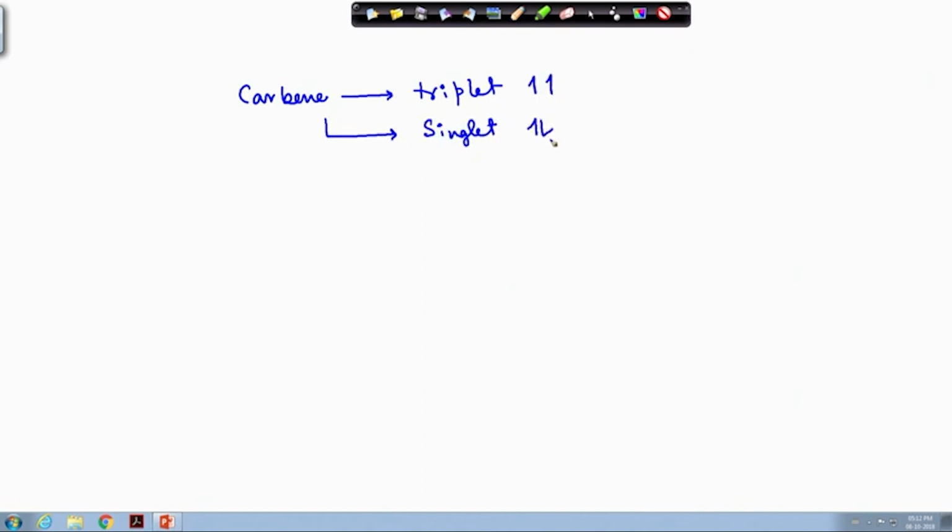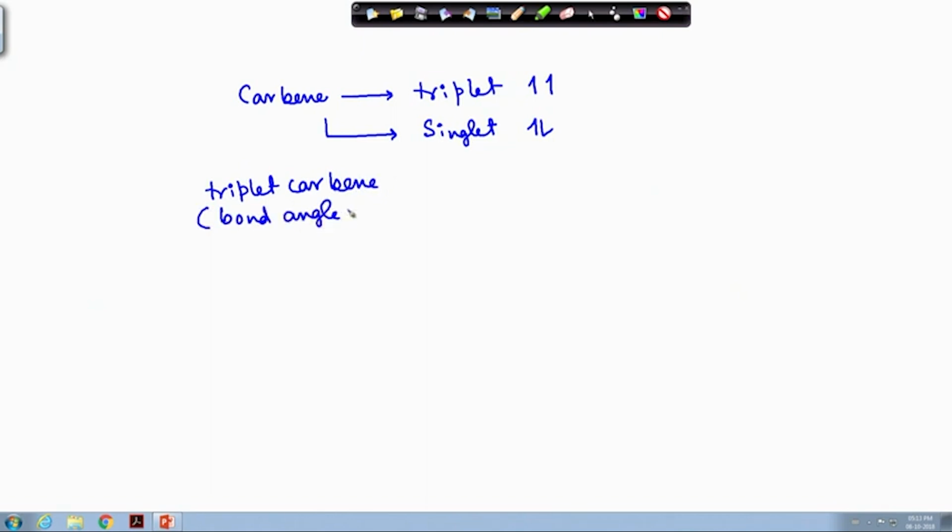Okay. Once it is like this, the next question that comes to our mind is which type of carbenes will be triplet and which kind of carbenes will be singlet. In general, triplet carbenes have higher bond angles, and we have discussed previously why.